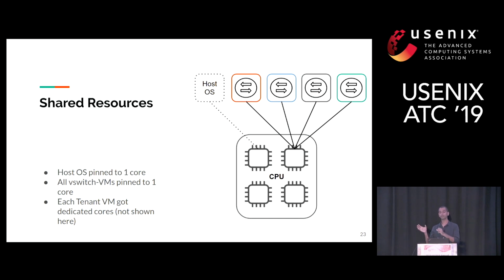All those VMs were pinned to a dedicated core, apart from the host OS. The tenant VMs got their own cores, so that the tenant VMs wouldn't be a bottleneck in our evaluation.